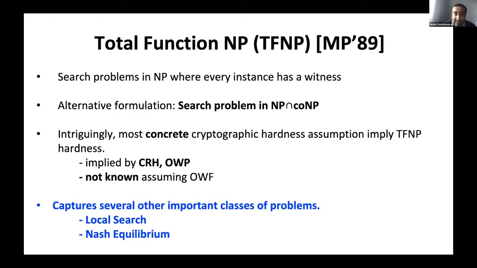We've known, at least recently as well, that hardness in this class can be implied through cryptographic hardness, like the existence of collision-resistant hash functions or one-way permutations implies hardness in TFNP. Although we don't know how to show such an implication based on one-way functions. TFNP, of course, is an interesting, important class. It includes local search, Nash equilibrium, and several other important problems.